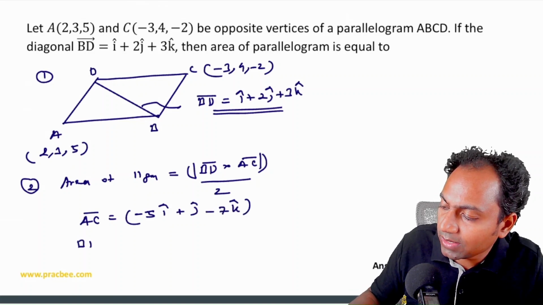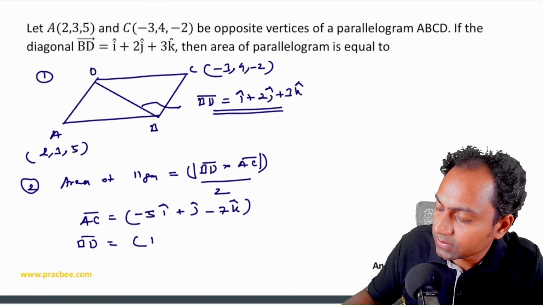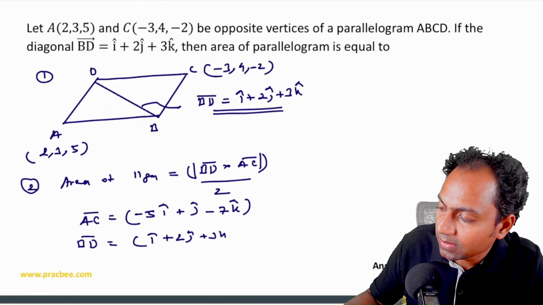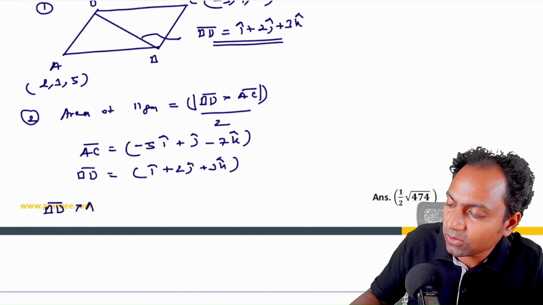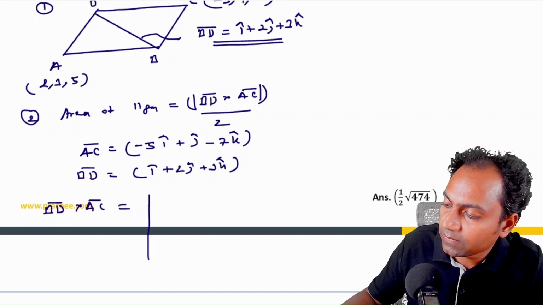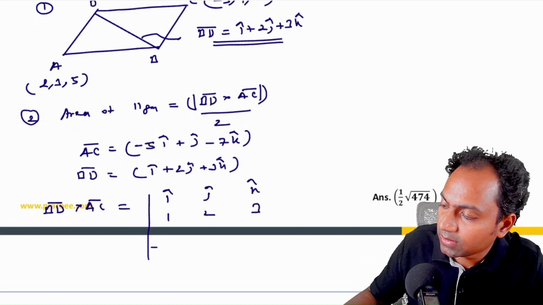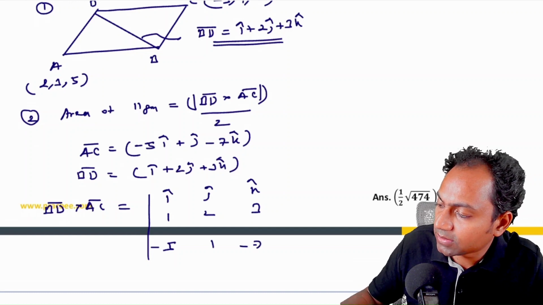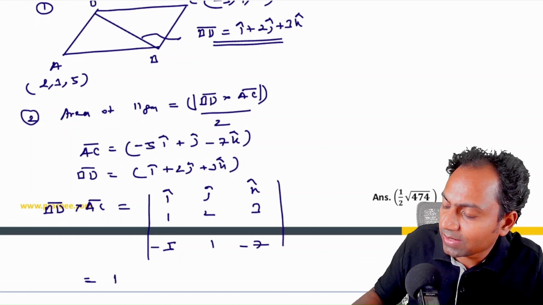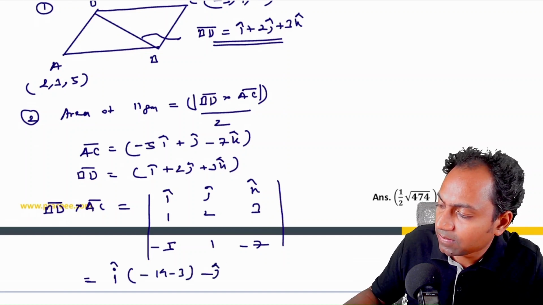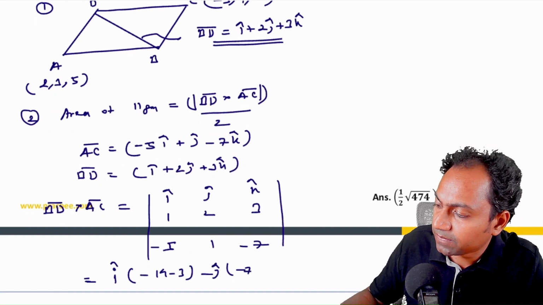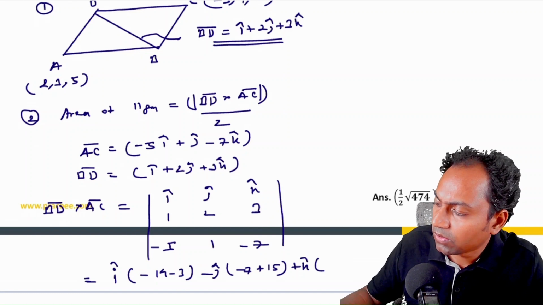So if I want to take the cross product of these two vectors, it is a very simple task, because for finding BD vector cross AC vector, we can write this down as i, j, k, 1, 2, 3, minus 5, 1, minus 7. And if we simplify, it is a very simple calculation. This will become i cap into minus 14 minus 3, minus j cap into minus 7 plus 15, and plus k cap into 1 plus 10.